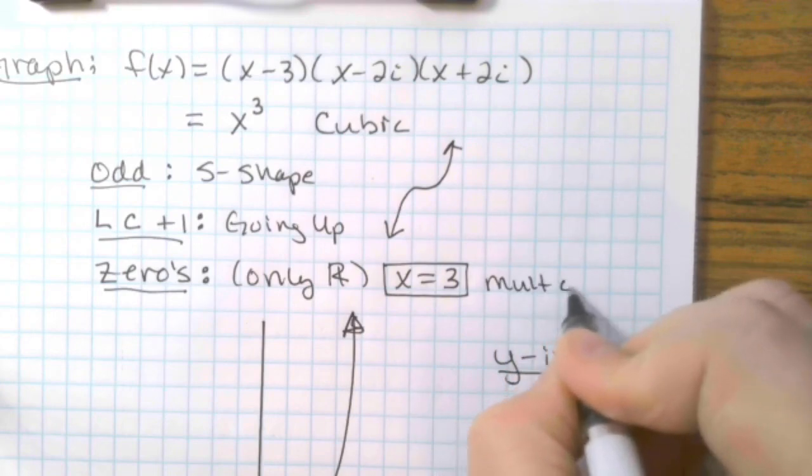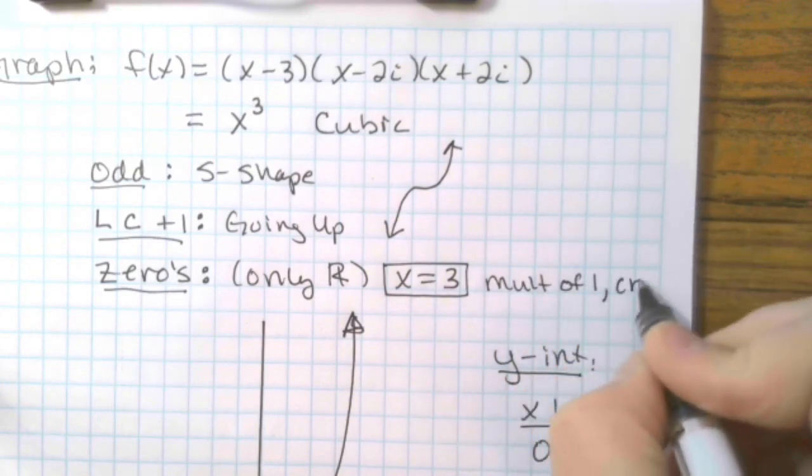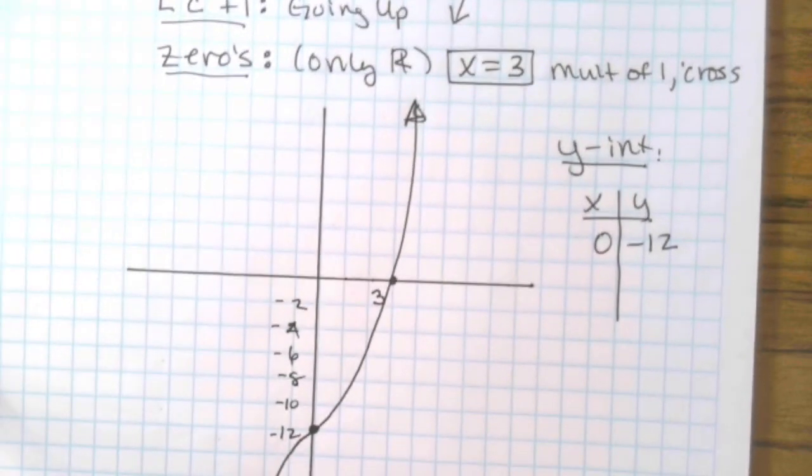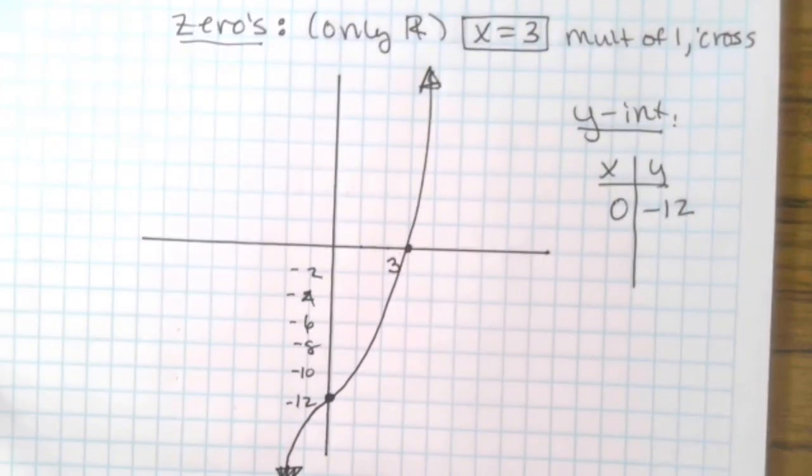So it had a multiplicity of 1, which means it's a cross, not a kiss. All right, so that's what our graph ended up looking like. Again, the imaginary numbers create little bumps sometimes in the graph, but they don't actually affect the critical points, which are the intercepts. Those are the ones we're most interested in.